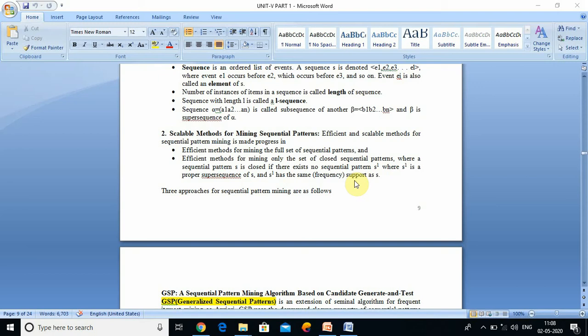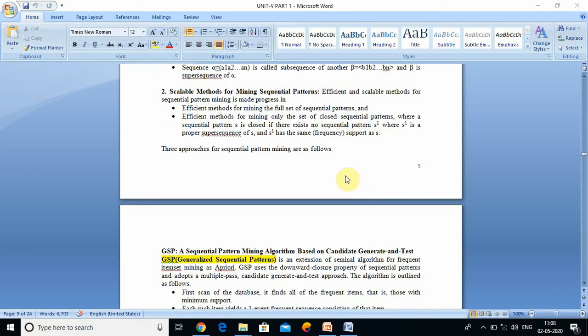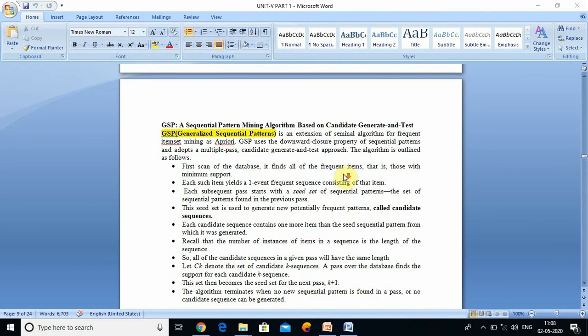Three approaches for sequential pattern mining are as follows. Those are GSP, which means generalized sequential patterns.